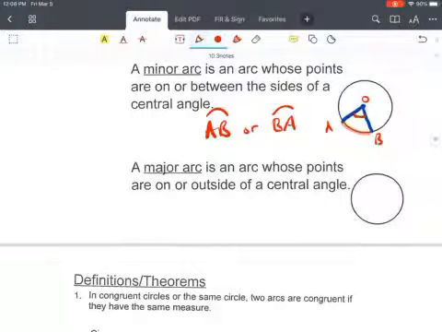The major arc is an arc whose points are on the outside of the central angle. So if I draw that same central angle, we'll call it O, and then we've got A and B, and you would need another point over there.